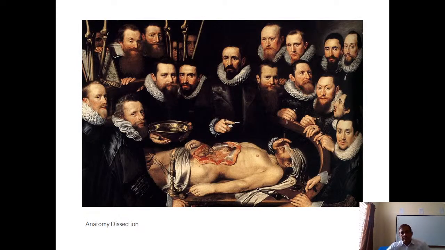This dissection process started sometime in the 16th century, when some people wanted to know what is there in the body and what are the structures that are present and how the body functions.